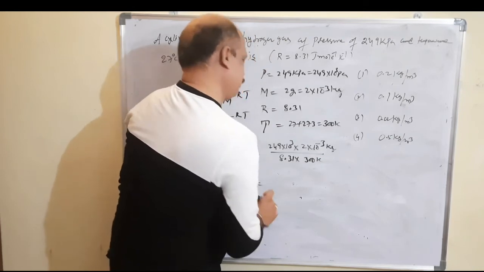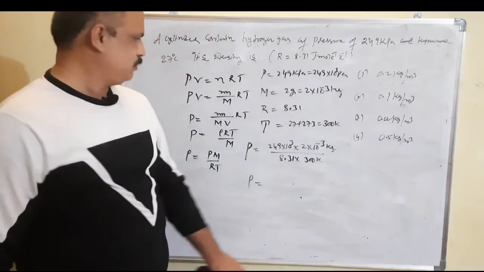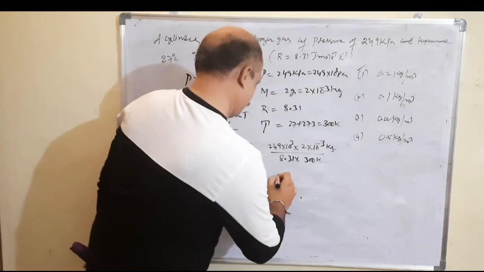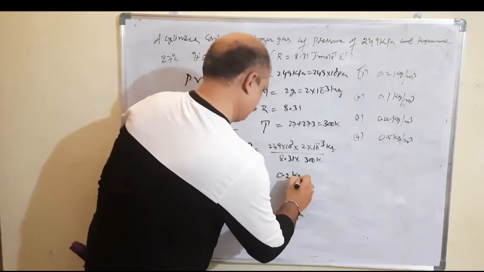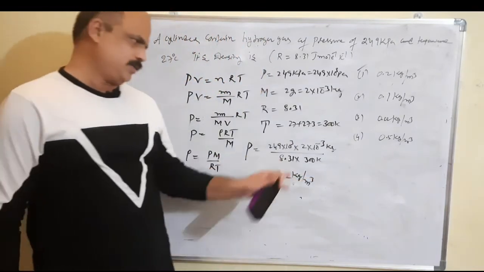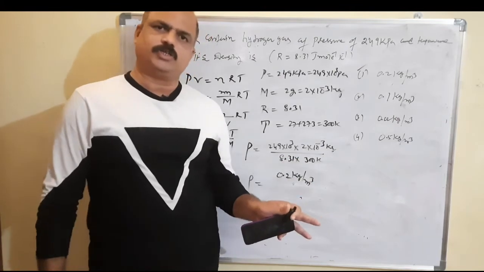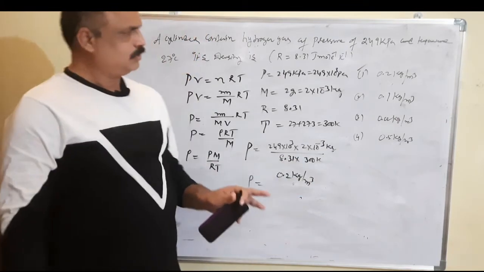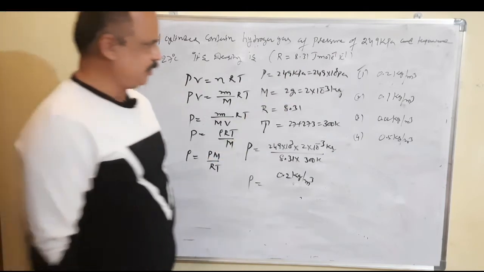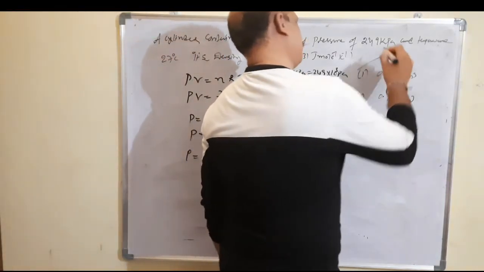By calculating this equation, we get the answer 0.2 kilogram per meter cube. Whenever we calculate this fraction, we get 0.19 something, that is nearly equal to 0.2 kilogram per meter cube. Our option is the first option.